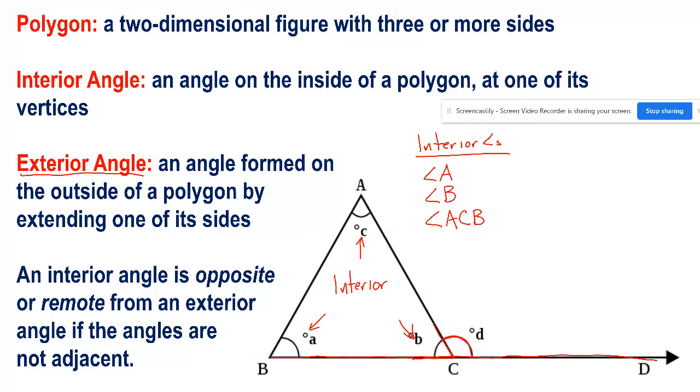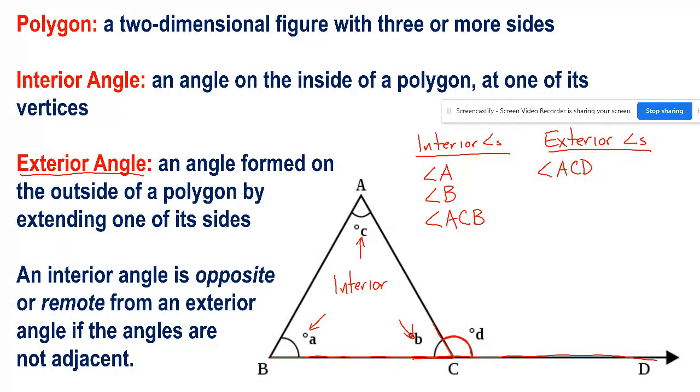And that's called an exterior angle. Now you could create exterior angles at any corner, any vertex of the triangle. We only have one in this diagram, but you could create more. The one we have here says D degrees, but if we want to name this, it would be angle ACD. So that's the exterior angle.